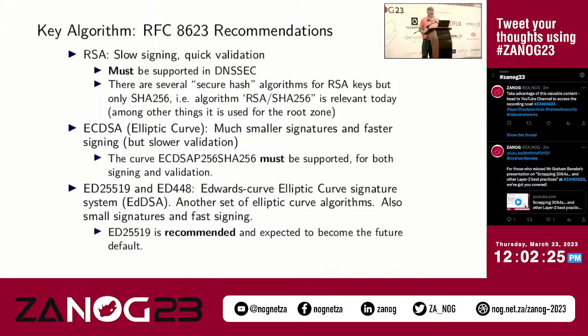The problem with algorithm 8 is it generates quite long keys, which means it becomes a great target for DDoS attacks using DNS. So we're looking at elliptical curve, and my understanding from the vibes, listening to the experts in the room, is that ED 25519 will probably be the preferred elliptical curve signing system.